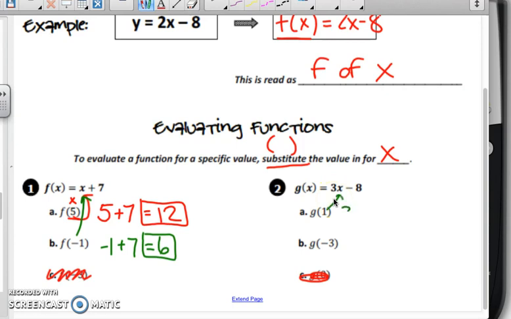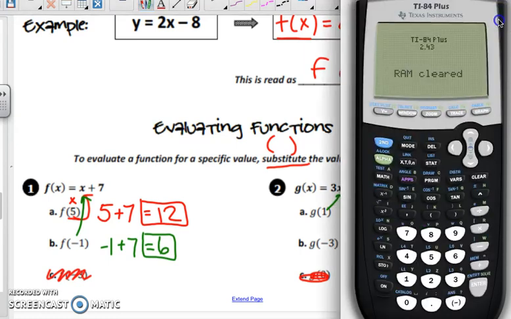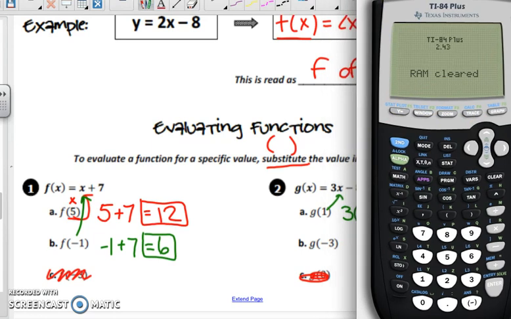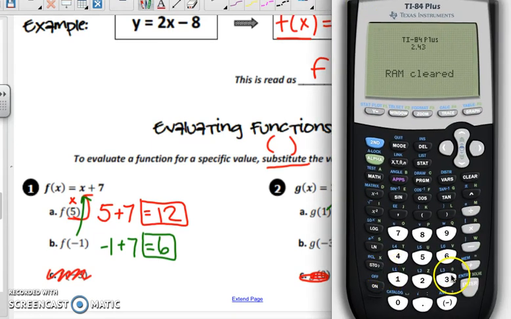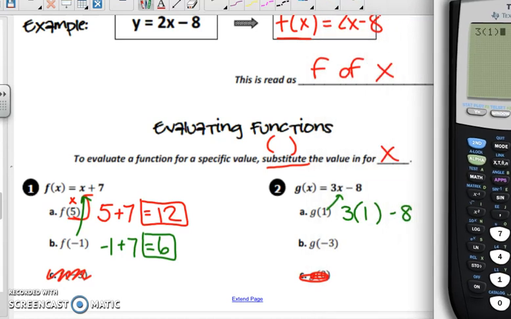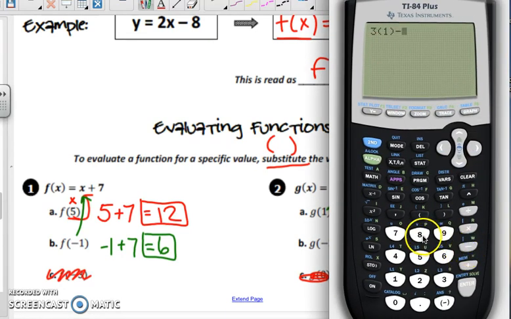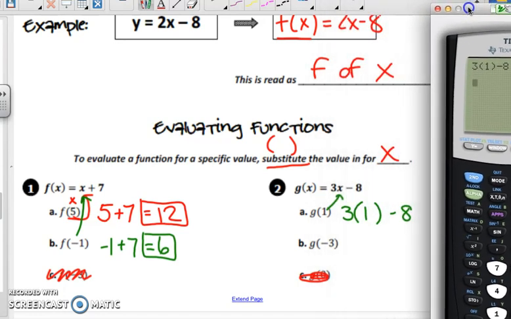So first you would write 3, and then you are inputting an x value, so we kind of leave parentheses there. So I want to input 1, and then I would do subtract 8. Okay, so you would type that in just like it looks in your calculator. So let me show you guys how to do that. So you would do 3 parentheses 1, and then you would do subtract 8. So if you do that with me, you should have gotten a negative 5.